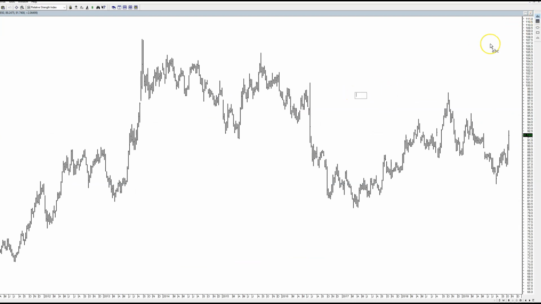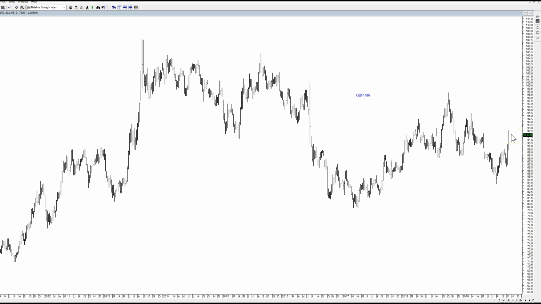Now coming to GBP INR, the British pound. This is the GBP INR weekly chart, and here again it is very interesting, almost a similar pattern. A large impulsive rise followed by a three-wave decline, and then another rise followed by a three-wave decline, and now another rise is starting.